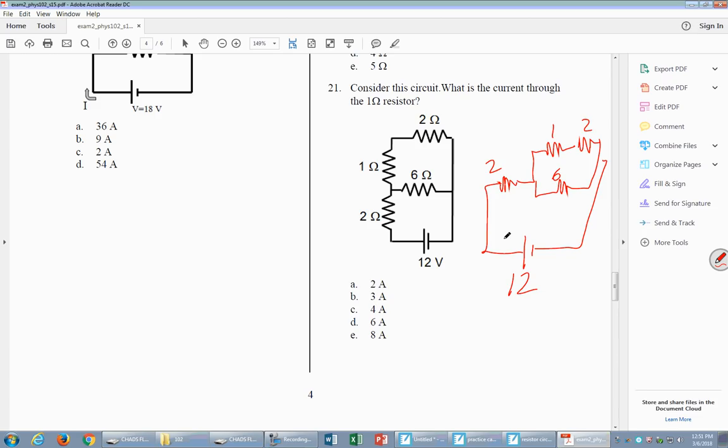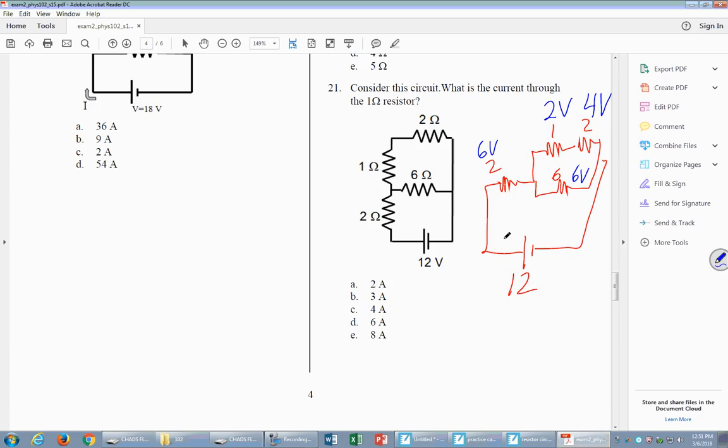My voltages are going to split up here. Which one's going to have the bigger voltage? The 1 or the 2 ohm resistor? The 2 ohm resistor. And it's going to have a voltage that's twice as big as the 1 ohm resistor, so 4 and 2 volts. They have to add up to equal 6. So my voltages look like this.